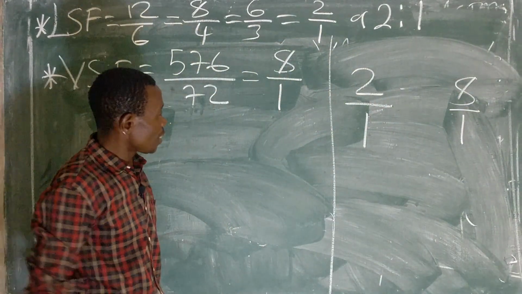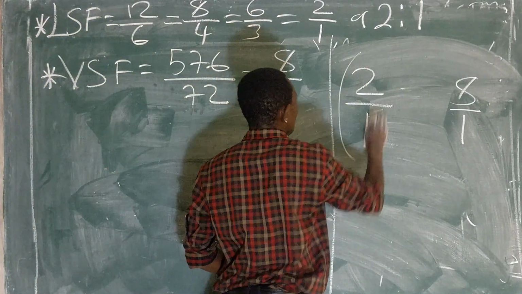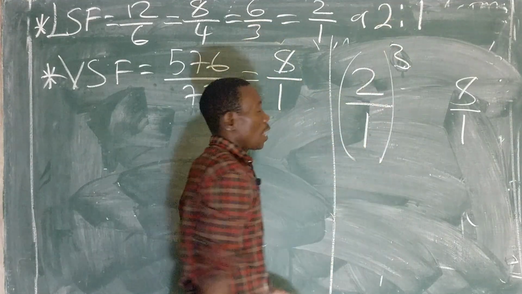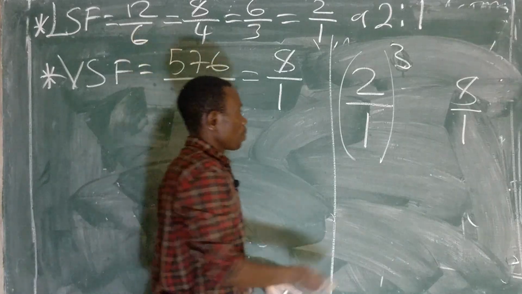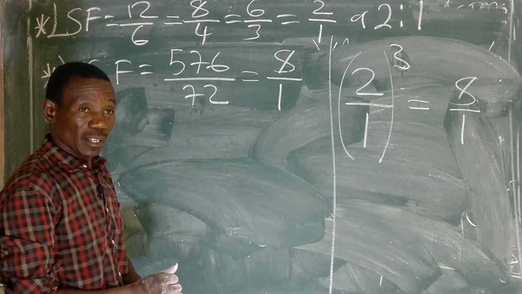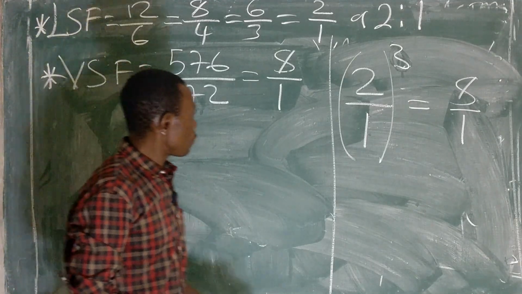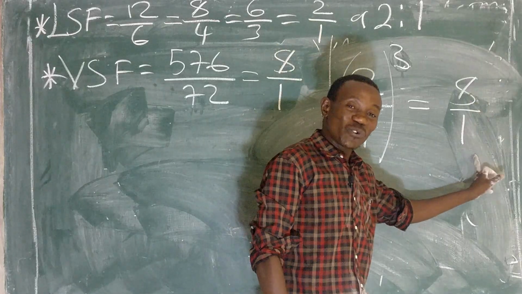If they are related, it means this one has to be cubed, or multiplied 3 times. That gives me the volume scale factor. But for the area, it was just the square. So if I multiply 2 to 1 three times, I get 8 to 1.